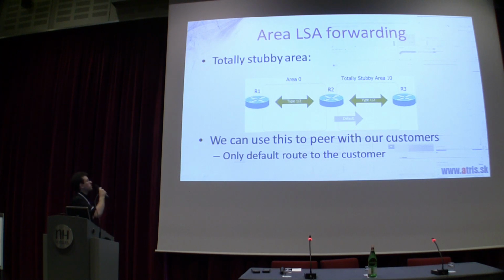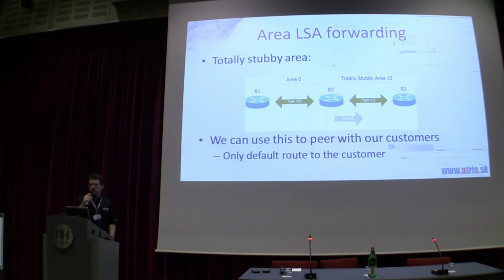For peering with our customers, since we mentioned there are multiple area types, the totally stubby area is the best choice. It provides exactly what we need. For a totally stubby area, type 1 and 2 LSAs are exchanged, which is completely fine because the router knows that it has another provider router on the other side and it knows the connected subnet. Those LSAs can be exchanged without a problem. It's not a security threat. And the only other thing that's pushed through the OSPF process is the default route to our customer.